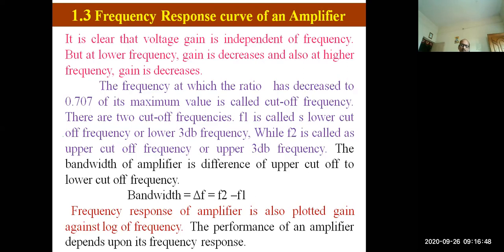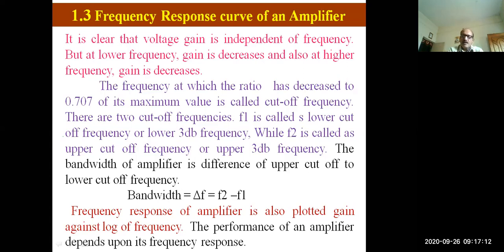If the gain is constant for all frequencies, then we can say that the frequency response curve is best. If the bandwidth is infinity, it means f1 is 0, f2 is infinity. For this frequency range, the bandwidth is infinity.